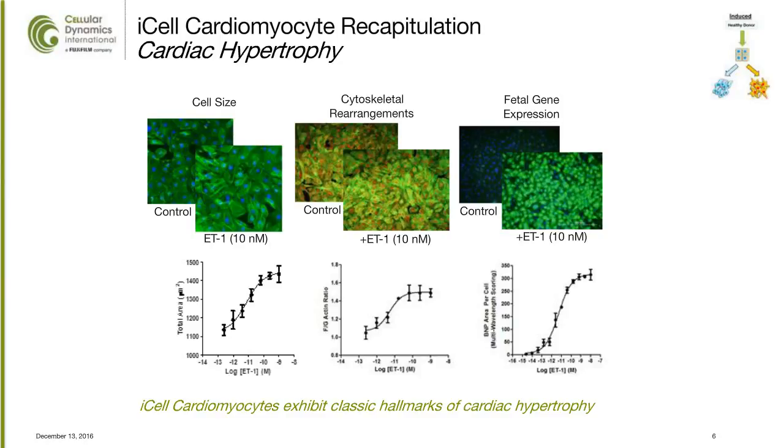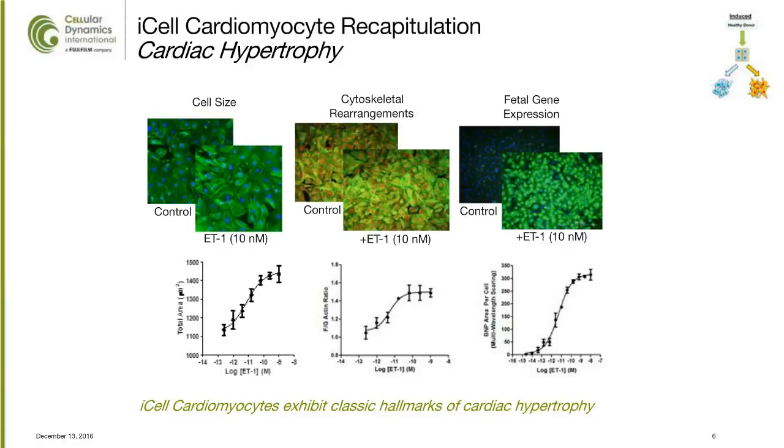We also looked at the F to G actin ratio to look at cytoskeletal rearrangement. Here we're showing the cells stained, and this is quantified below. As you increase the concentration of endothelin-1, there's a concentration-dependent increase in the F to G actin ratio.